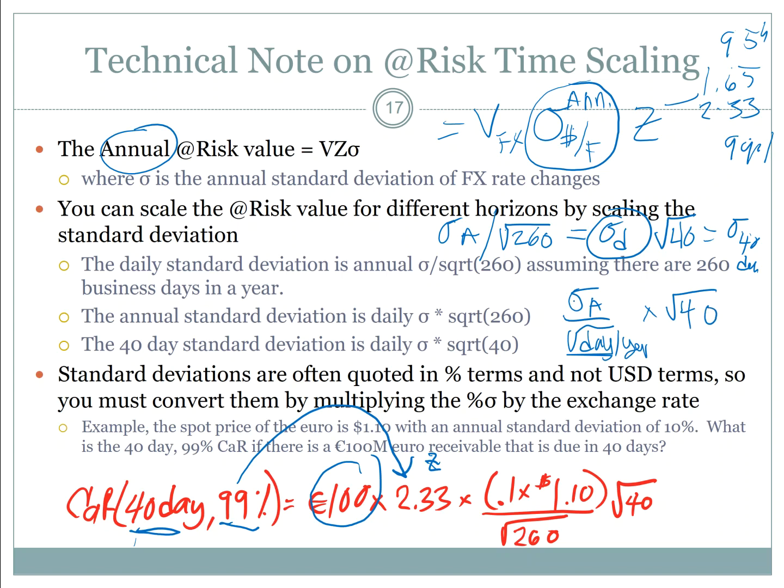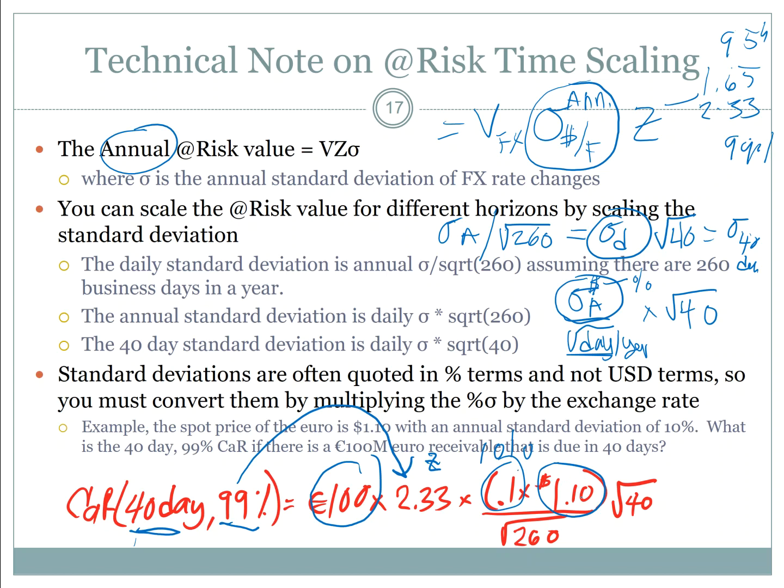And there's one other complication I'm going to add to this: a lot of times the standard deviation is not quoted in dollars, it is quoted in percent. So in this case, you're told that the standard deviation isn't a penny or 5 pennies or whatever. You're told that it's 10%. To convert that to a dollar, I'll just take 10% of the direct quote. Say $1.10 is the spot price of the exchange rate.